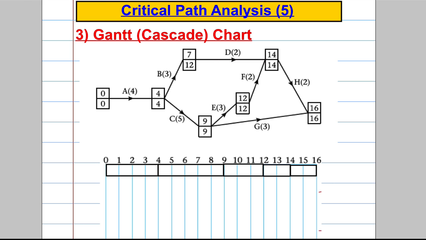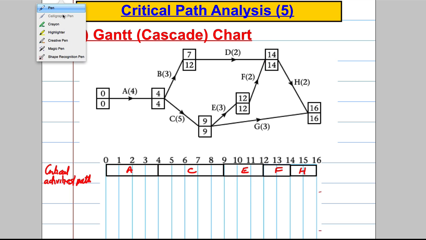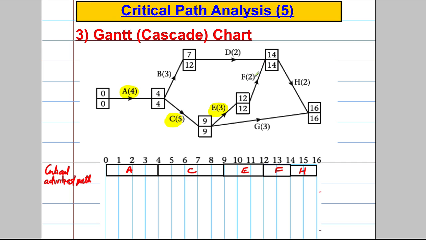So in a Gantt chart, the first thing you do is draw your critical path activities. So this is A, C, E, F and H. Let's highlight them to say we've done them. And now we've got to go and do all the other ones.